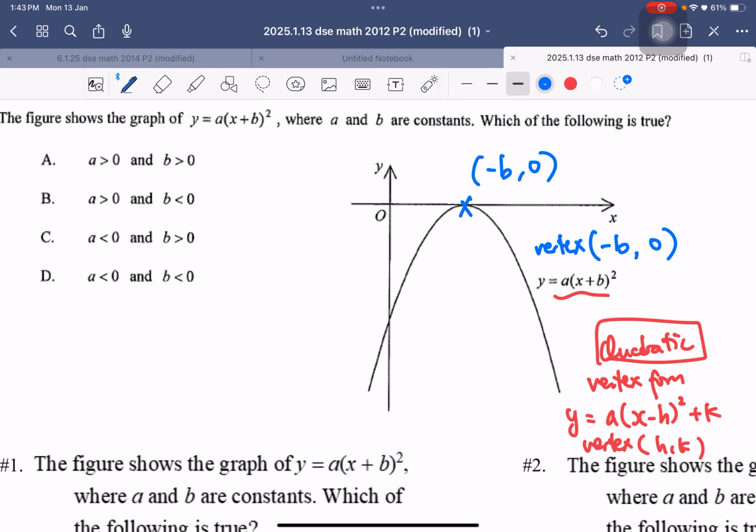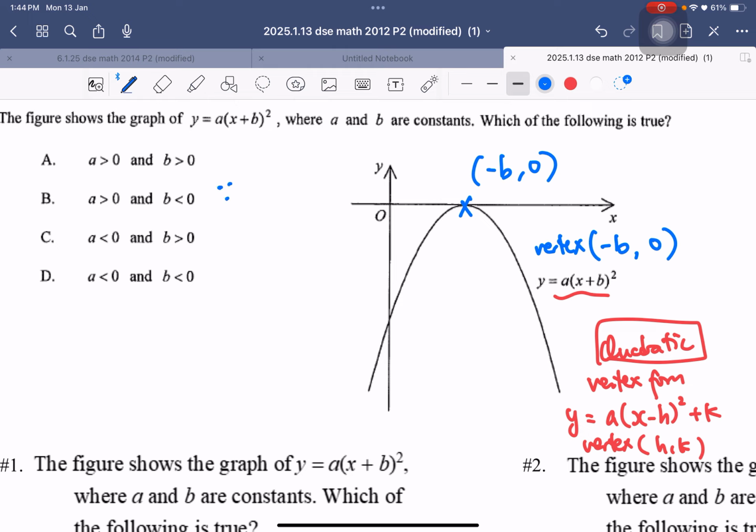So this point is actually at the positive x-axis or at the negative x-axis? Positive. So this point should be positive. So this negative b must be greater than 0 or smaller than 0? Greater than.